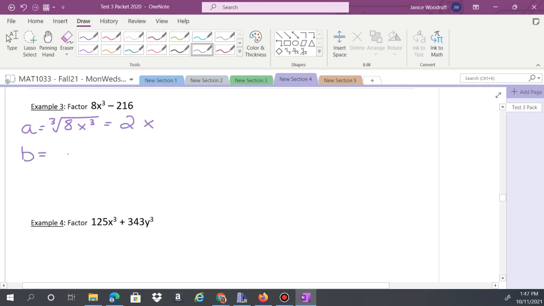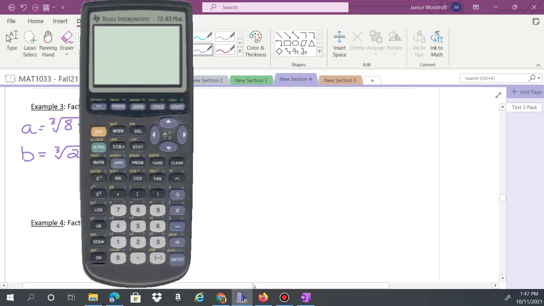And then b, what's the cube root of 216? That's not 4. It's what cubed? Cube root of 216. 6.